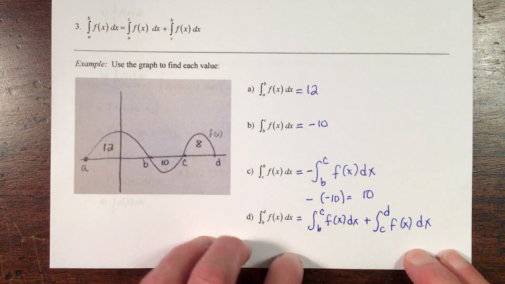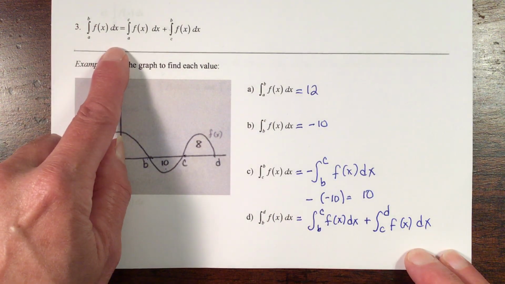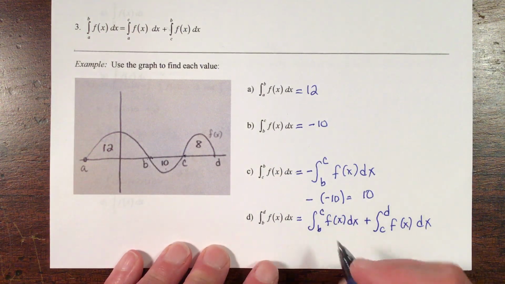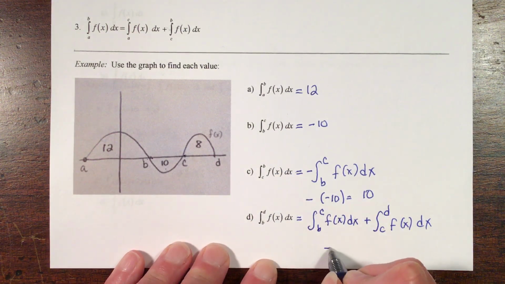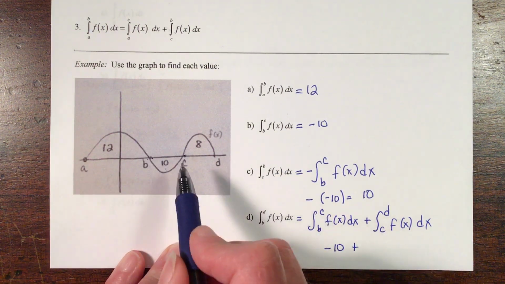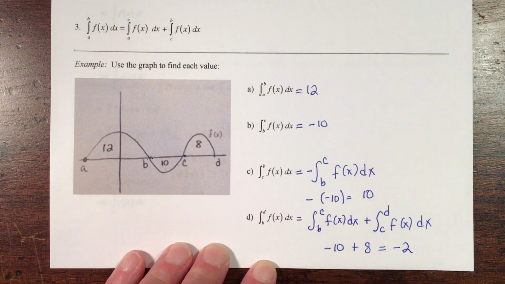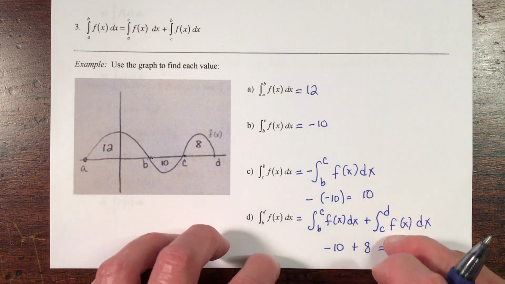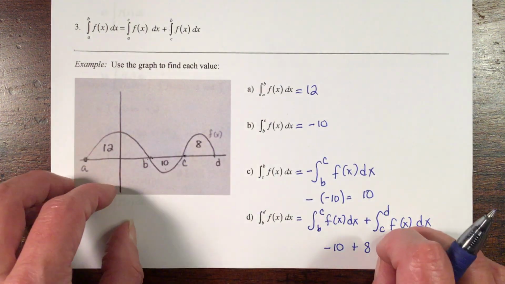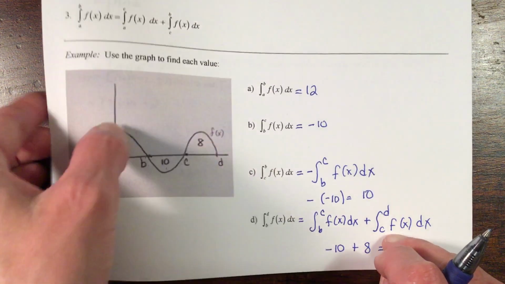So this is an example of property 3 up here, where we can separate when we need to. And now b to c is -10. The integral from c to d is 8. So our overall area is -2. Okay. So that's a nice, easy example to start with using your properties. The numbers, the values are given to you.